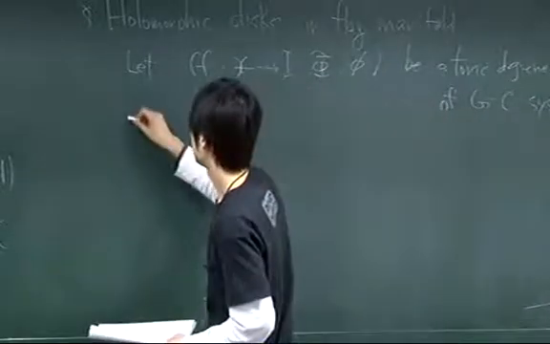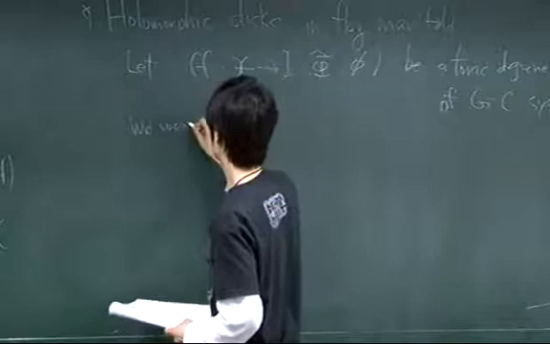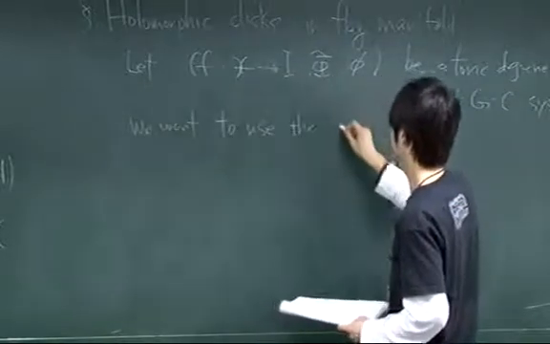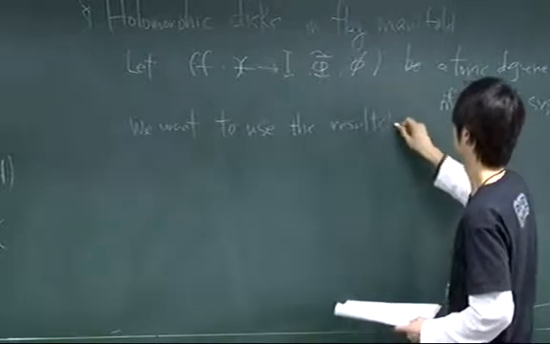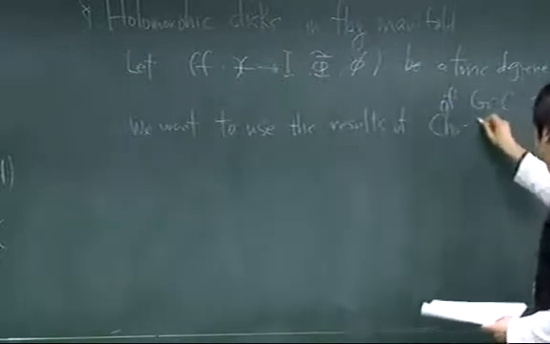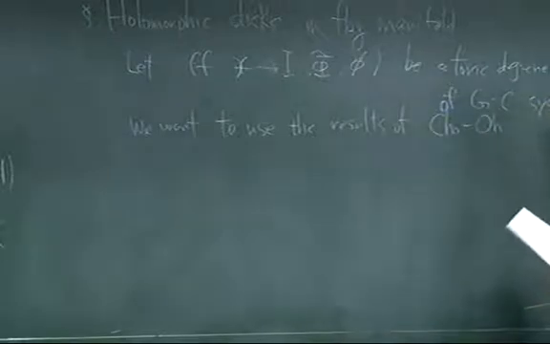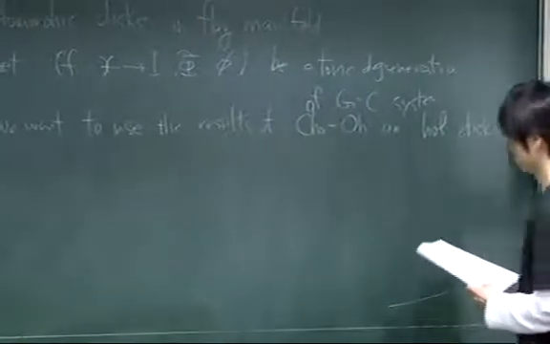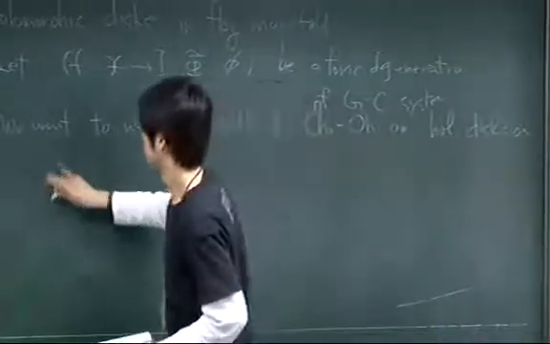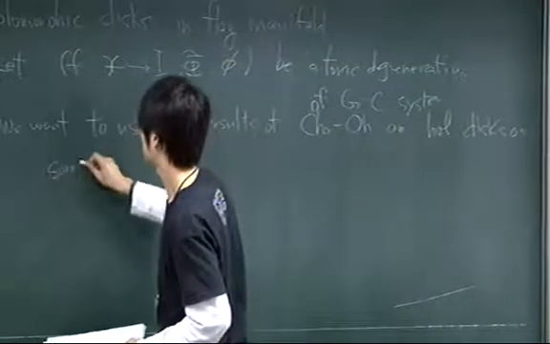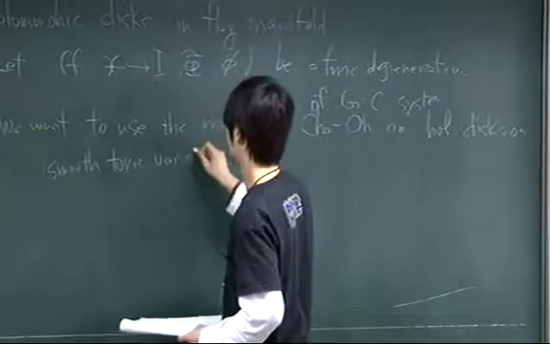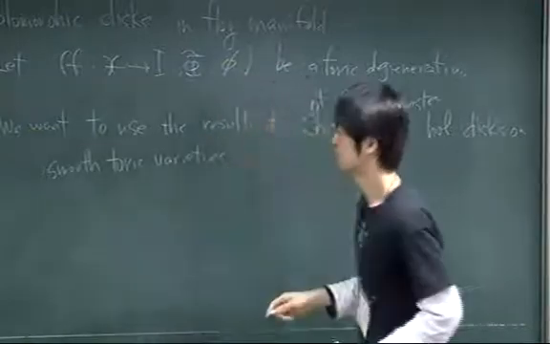And we want to use the results of Cho-Oh on holomorphic disks on smooth toric varieties using this idea.